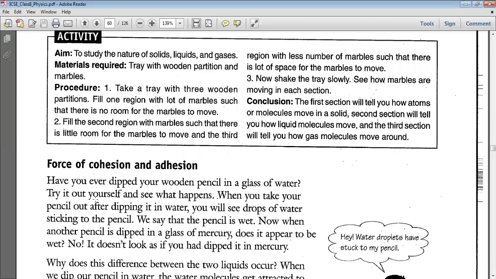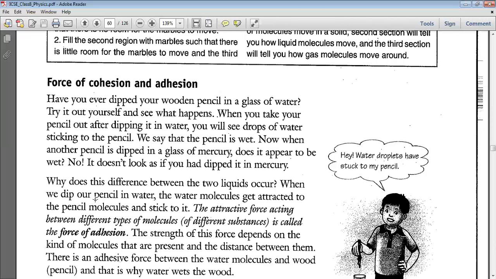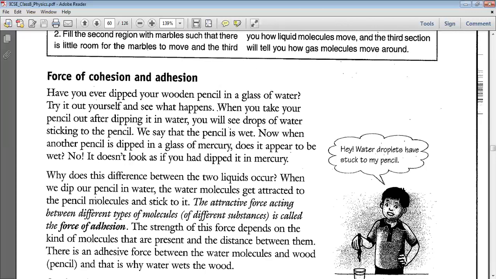Okay. Coming to the force of cohesion and adhesion. Now, what is this force of cohesion and what is this force of adhesion? So I just told you that if you dip a wooden pencil in a glass of water, you will actually find that the wooden pencil gets wet.